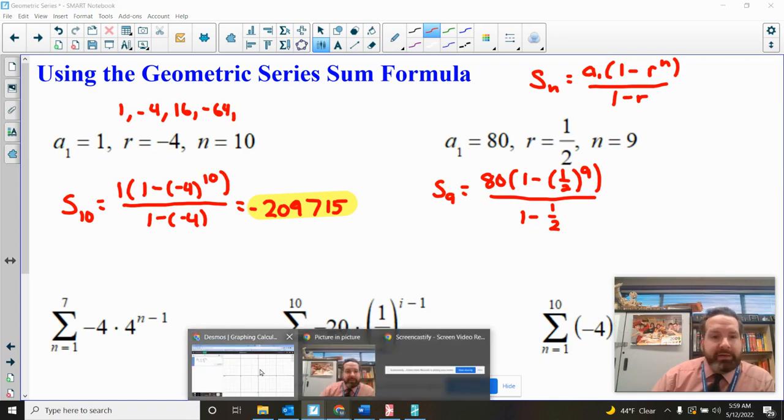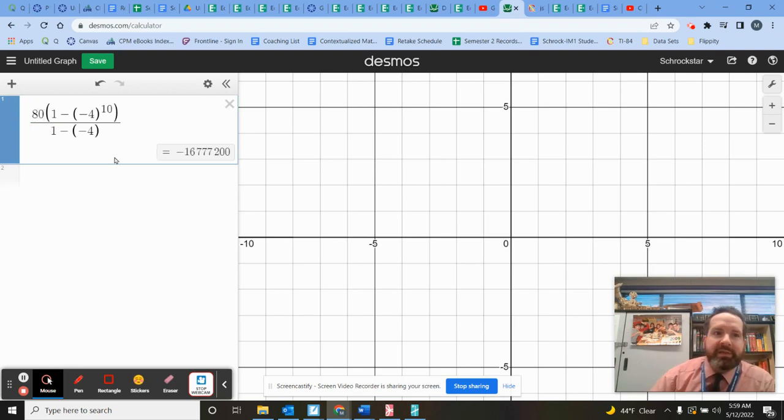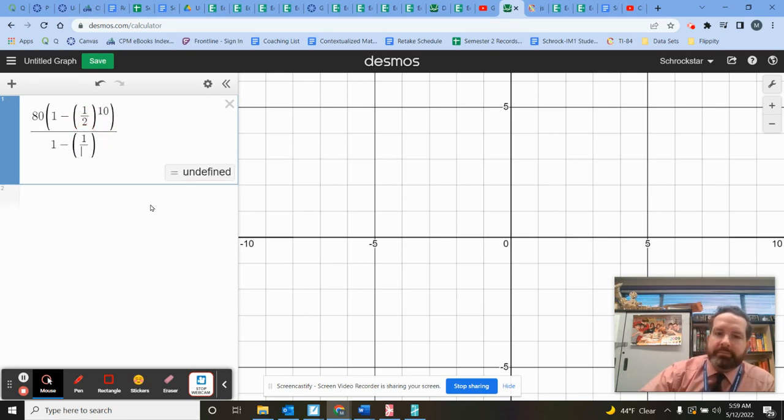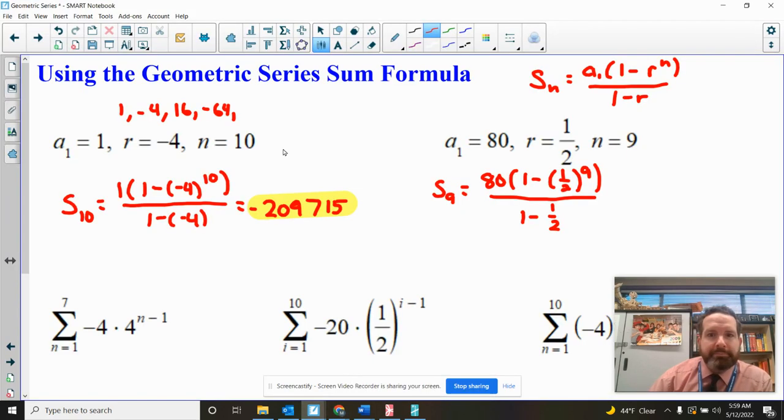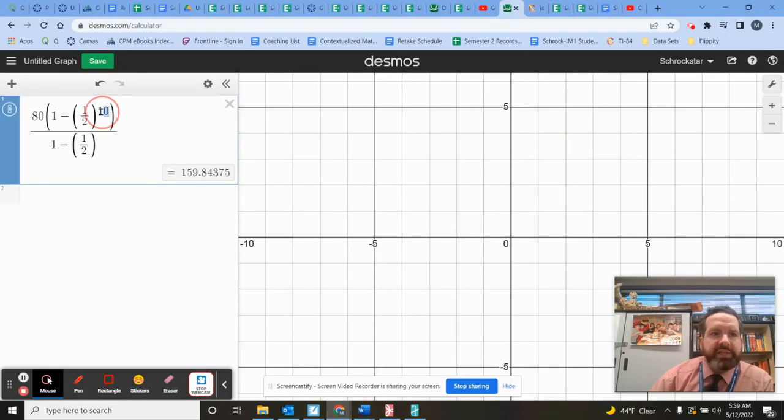So let's come back here, and I'm going to take advantage of the fact that I've kind of already got the structure set up. I just want to change what the first term is. I want to change what the common ratio is. And how many terms are we adding up? I've already forgotten. The first 9 terms. Change that 10 to a 9. There we go.